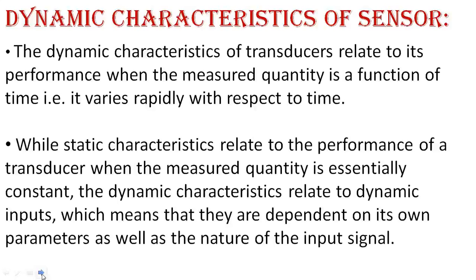The dynamic characteristics of a transducer relate to its performance when the measured quantity is a function of time, that is, it varies rapidly with respect to time. While static characteristics relate to the performance of the sensor or transducer when the measured quantity is essentially constant.